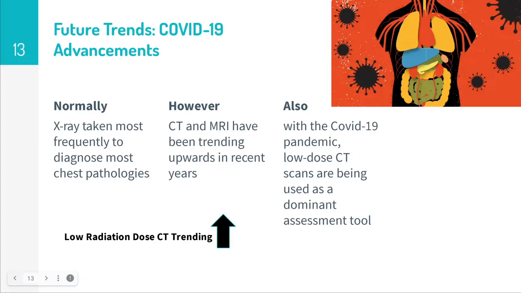Moving on to some future trends that have been realized in recent years due to advancements in CT technology, one main topic that must be mentioned is COVID-19. With the pandemic taking the global health industry by storm, technology has been exponentially upgraded. Normally, an X-ray is taken most frequently to diagnose most chest illnesses. However, CT and MRI have been used more often than not in recent years.